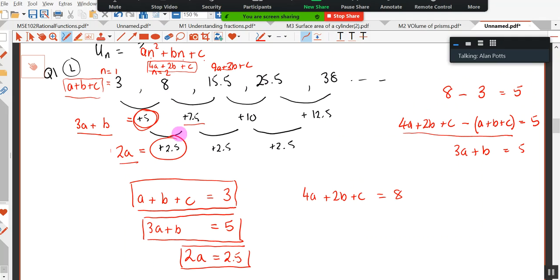Then this one would be 5a plus b if I subtract those two. And then if I subtract 5a plus b and 3a plus b, what do I get? 2a. The same way that I found plus 2.5 by doing 7.5 subtract 5. So I'm either doing it with the numbers or the algebra, okay?